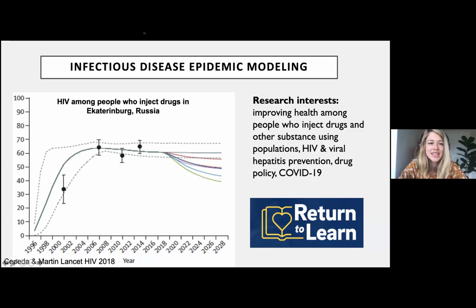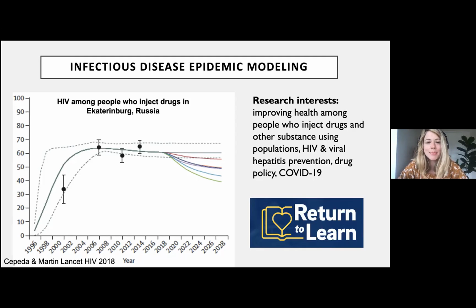And this is in a rural setting in Russia, Ekaterinburg, where you can see the epidemic has increased and expanded quite a lot in the early 2000s, and has reached very high prevalence, 60% of people who inject drugs infected with HIV. What we want to use these models to do is understand and predict the future trajectory of these epidemics, and the impact if we scale up different interventions.